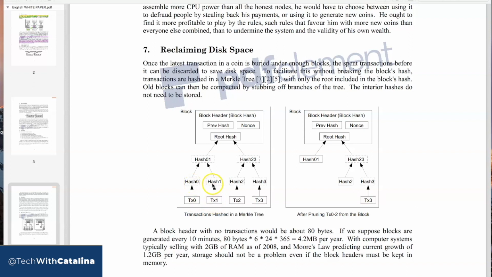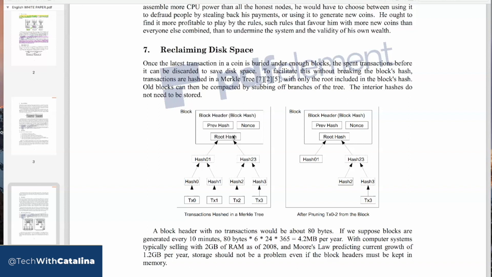Transaction 1, it is going to hash transaction 1. And then all the way up, it hashes these together so that we go all the way up with the hash of all the transactions that are included in this block. And this information, the Merkle root, is included in the header of the block so that we save information as well.